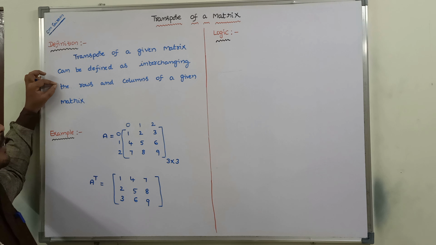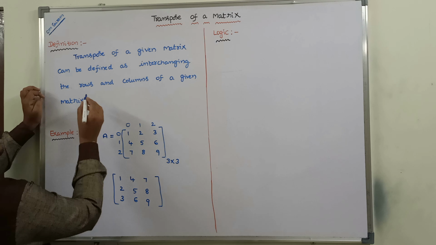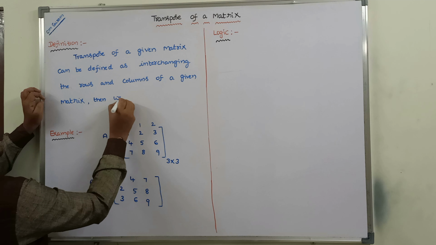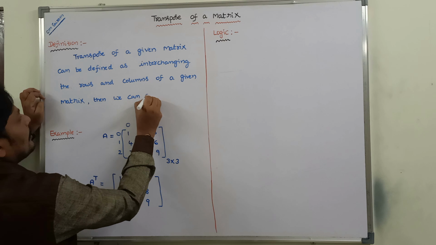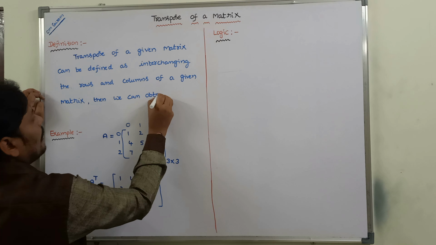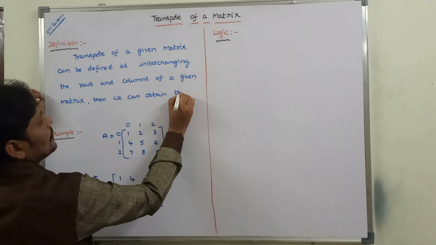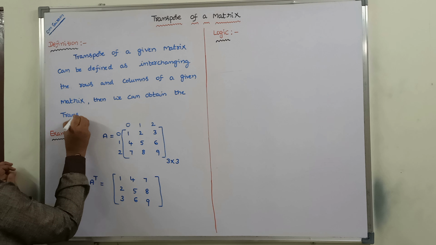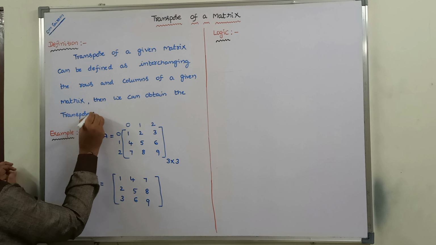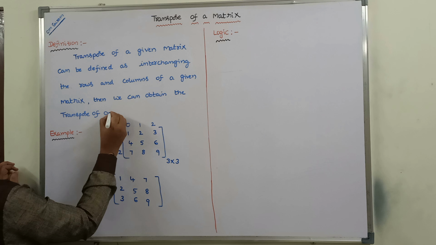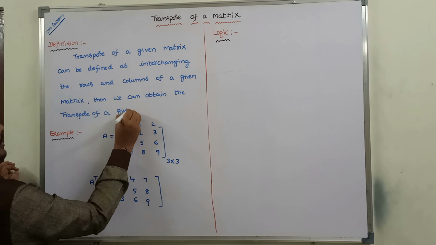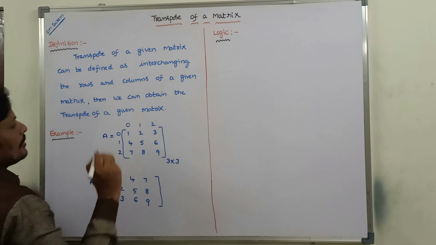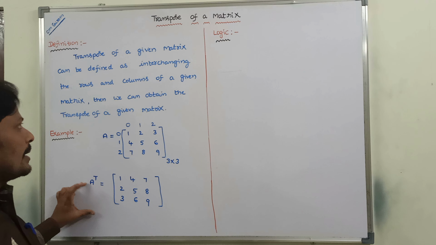Interchanging the rows and columns of a given matrix, then we can obtain the transpose of a given matrix. So example, this one and this one.